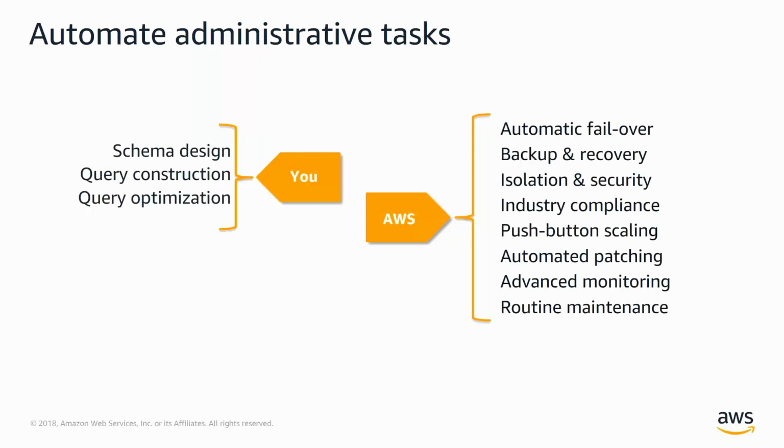These are the things that will actually drive value for your particular application, and that's where you would want to focus the majority of your efforts rather than those other things that can be handled for you automatically by AWS.